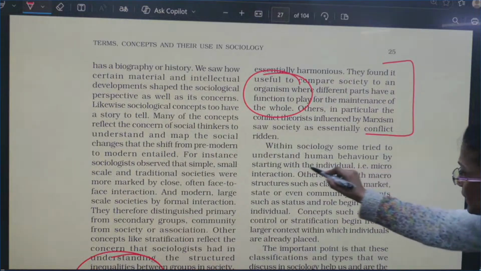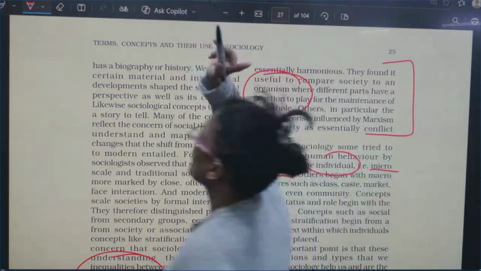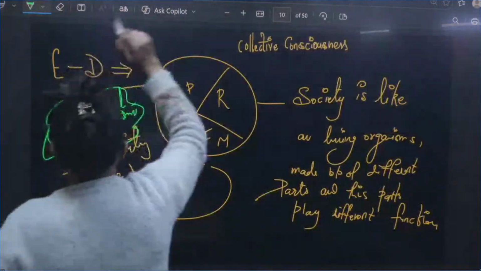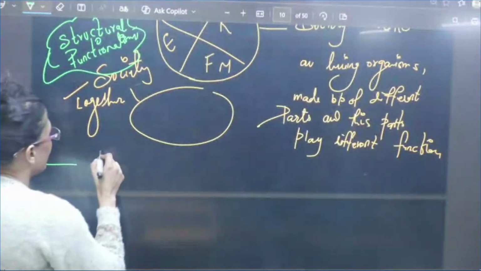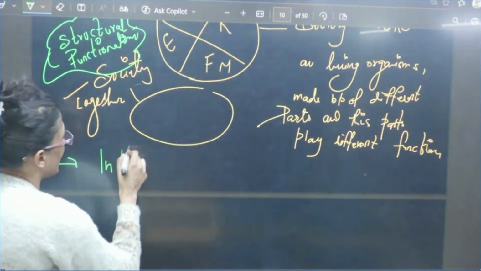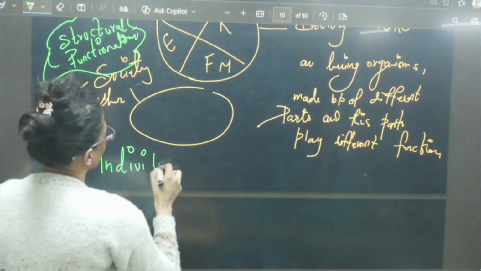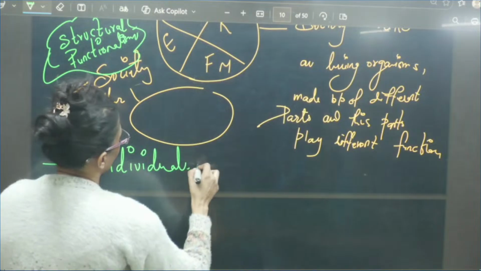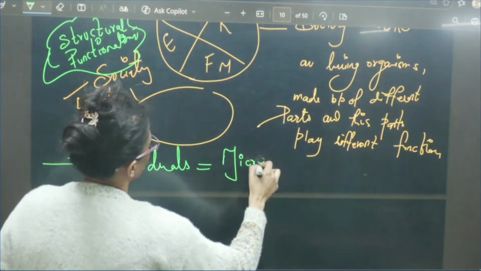Now when we focus on individuals, that becomes micro interaction. Do understand, guys, these are very important points. In sociology, if we are starting our research on individuals, we are having micro interaction.